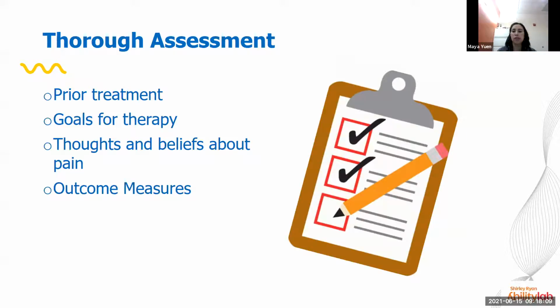Outcome measures are an important tool in both informing your care, figuring out what are the areas that I need to treat, but also a really great screening tool to understand when people need to be referred out to a specialist or even to that interdisciplinary approach that is going to require a higher level of multiple providers.